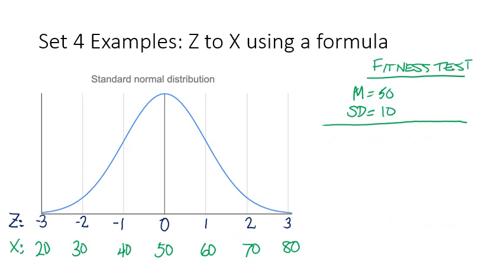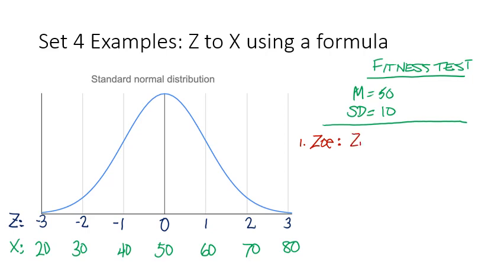Similarly, we can go from Z to X using a formula. So imagining that we have an individual, Zoe. She's our first individual, and we know her z-score.